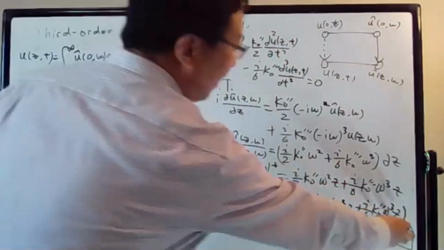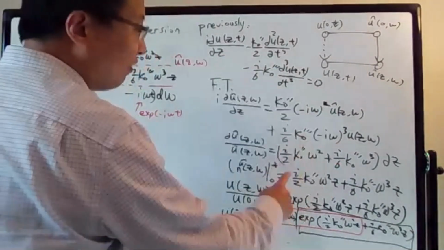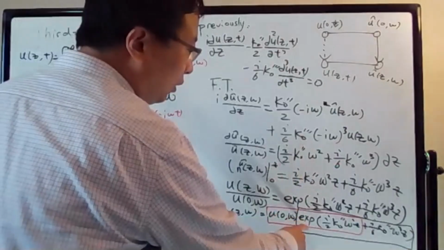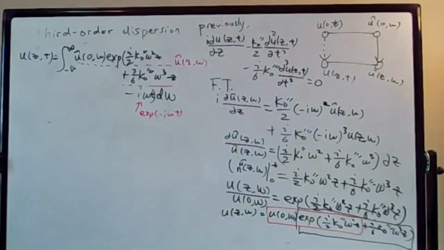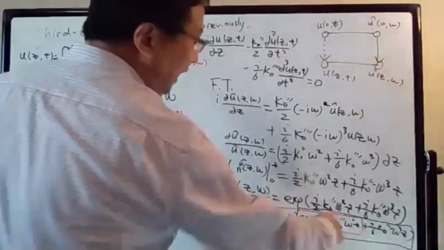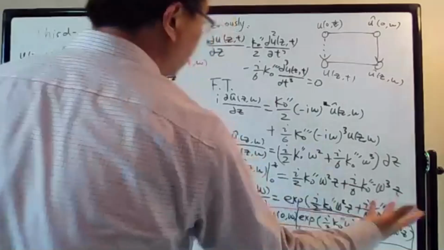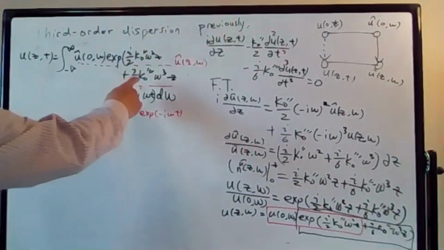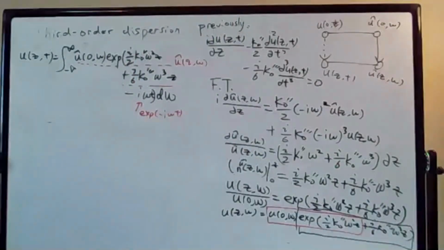Now your dispersion factor should include everything. So for the next lab session, the factor is going to include the second order dispersion and also third order dispersion. Just include them, that's it. But you need a k0''' parameter, which will be given, hopefully.